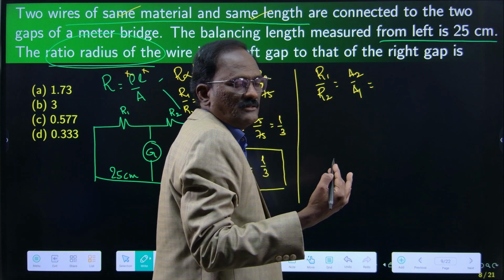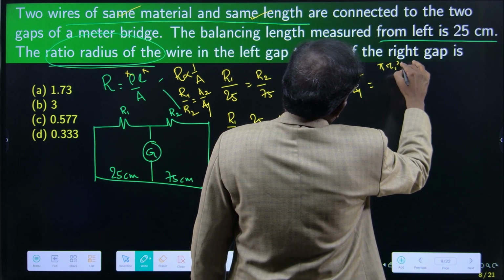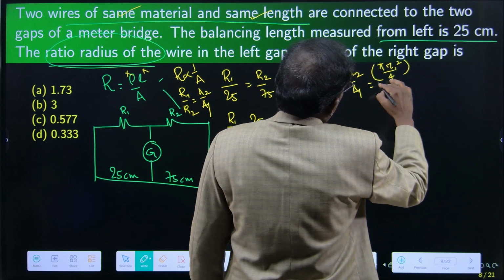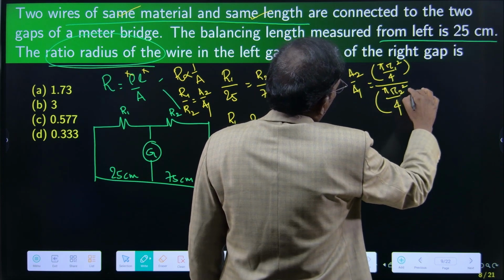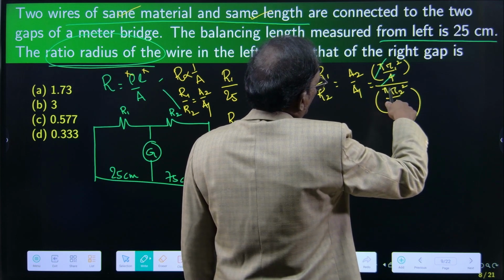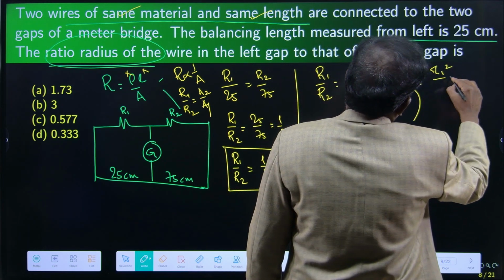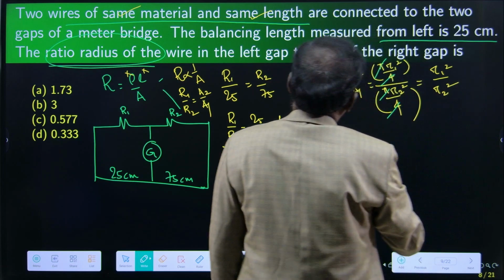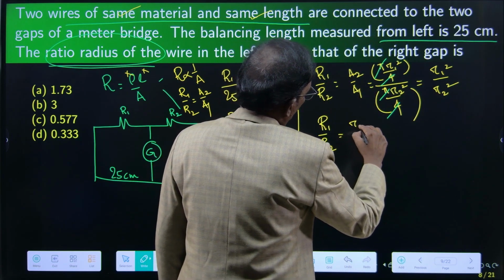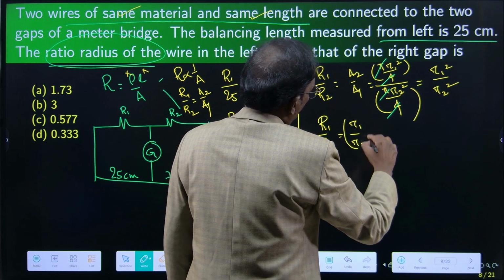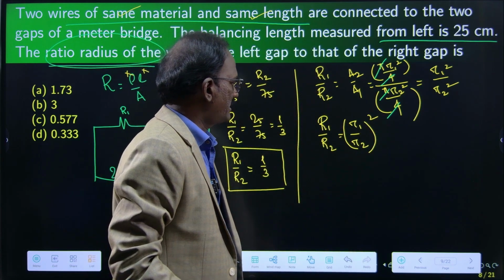A is equal to pi R square by 4. Pi R1 square by 4 divided by pi R2 square by 4. So pi by 4 and pi by 4 are removed. So this will be R1 square by R2 square. This is resistance and this is radius.